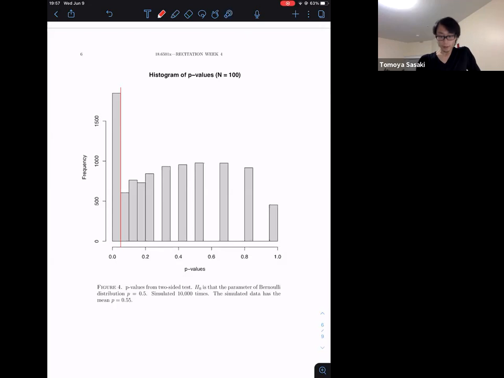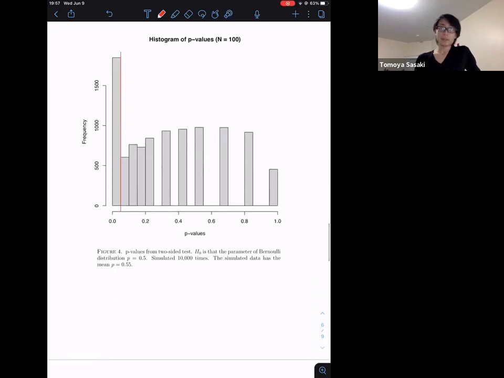In this particular case, I'm assuming that the data is generated from a Bernoulli distribution with parameter 0.55.